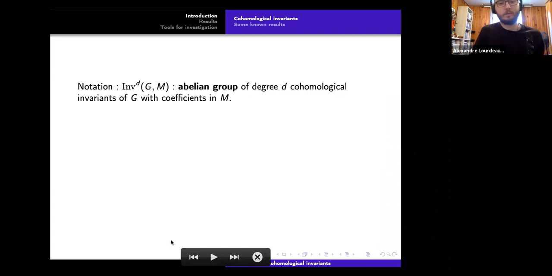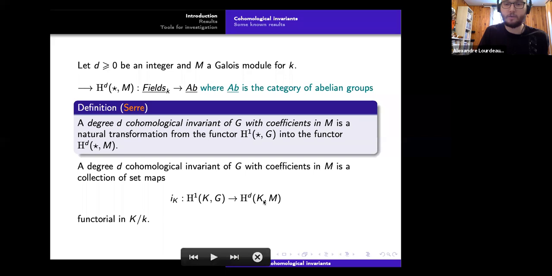So the notation we will use is that Inv^d(G, M) is the abelian group of degree d cohomological invariants of G with coefficients in M. Here, as H^d(K, M) is a group, we can add cohomological invariants together.